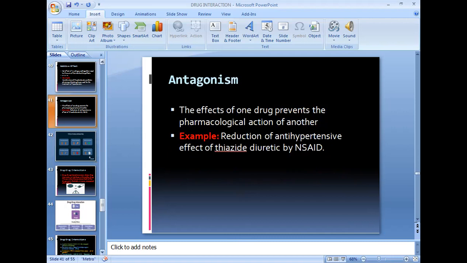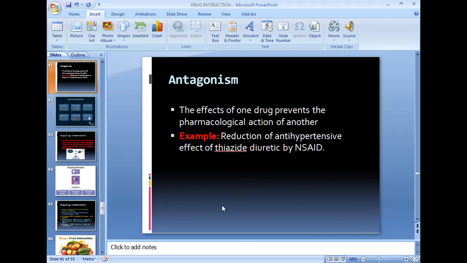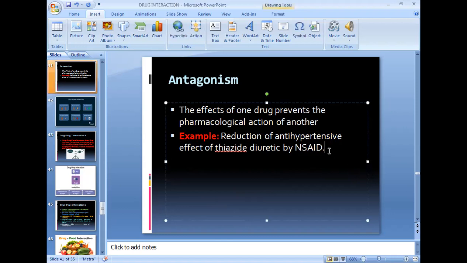Antagonism. In case of antagonism, the effect of one drug is inhibited by another drug, such as reduction of the antihypertensive effect of thiazide diuretic when taken with a non-steroidal anti-inflammatory drug, which basically reduces its diuretic effect.